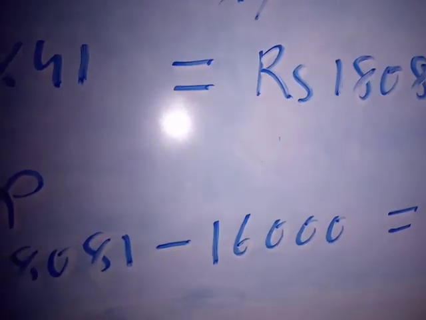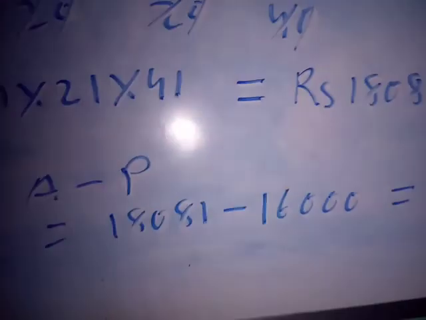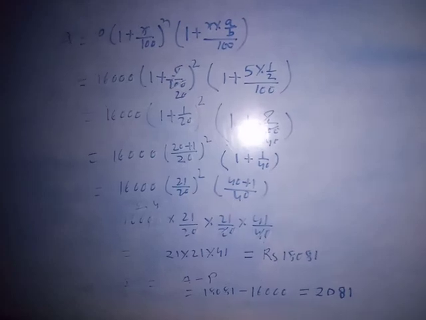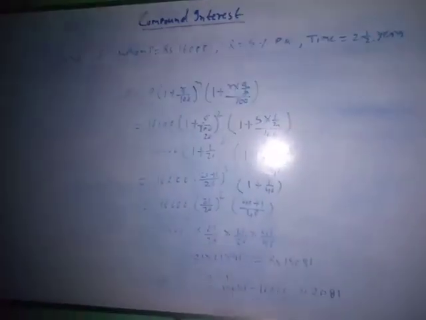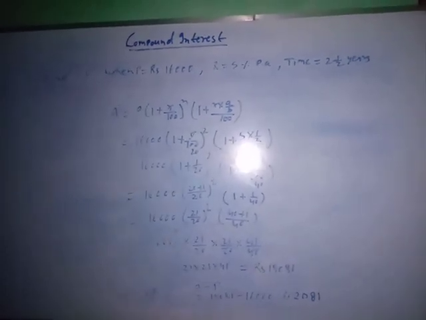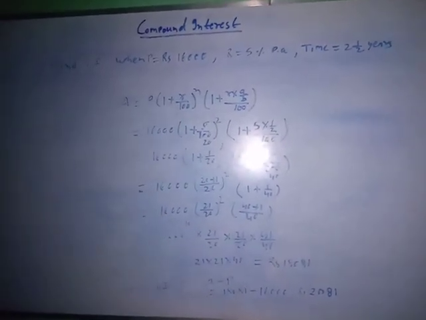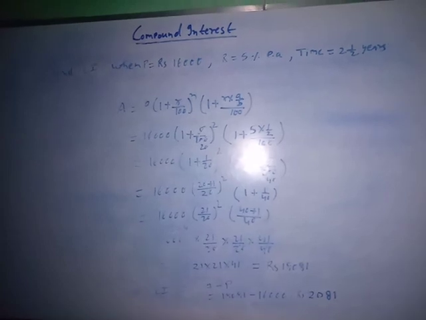This is the CI. Got it? Here we will write rupees. So when the time is given in fraction, we can solve like this. Understood?